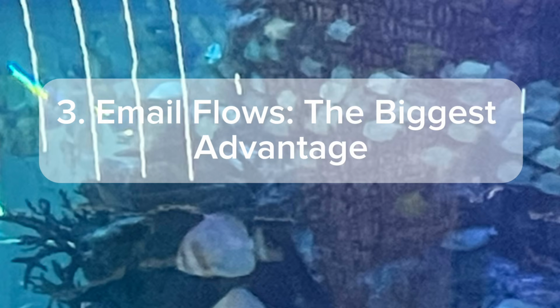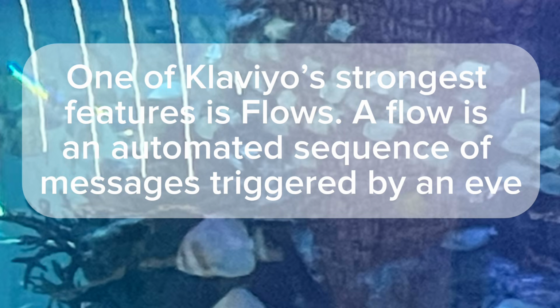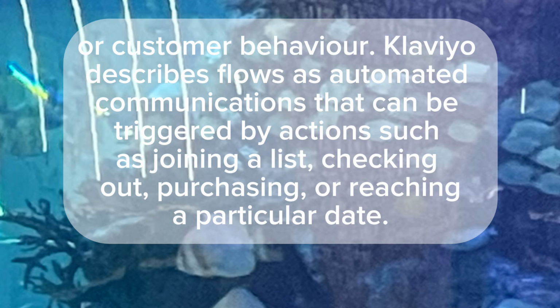3. Email flows, the biggest advantage. One of Klaviyo's strongest features is flows. A flow is an automated sequence of messages triggered by an event or customer behavior. Klaviyo describes flows as automated communications that can be triggered by actions such as joining a list, checking out, purchasing, or reaching a particular date.